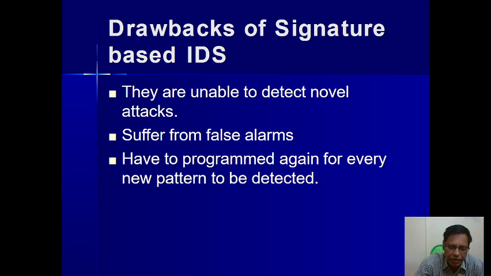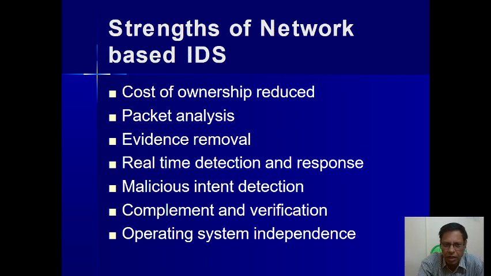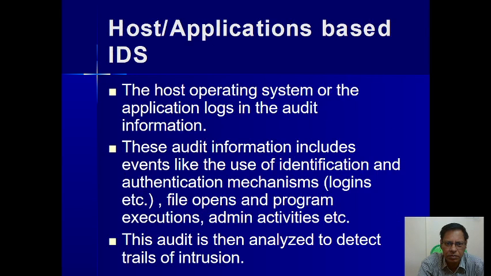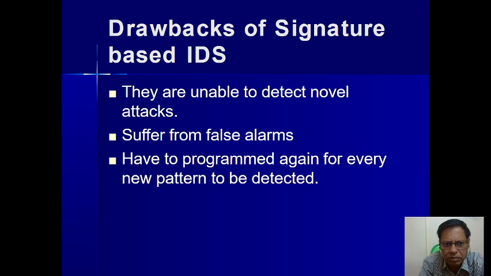Every now and then when it is trying to catch malicious programs it will raise alarms, which makes it a problem. Every now and then we have to initiate our system to trace out new patterns to overcome the signature based IDS limitations.